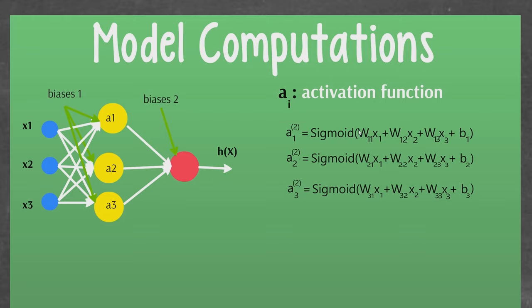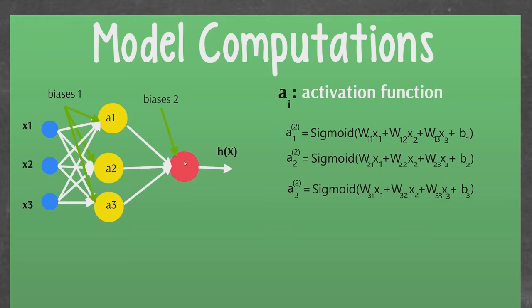You can call them W2,1, because they are the second set of weights, while this here is the first set of weights. So W21, W22, and W23 are multiplied and then fed to this final output layer.